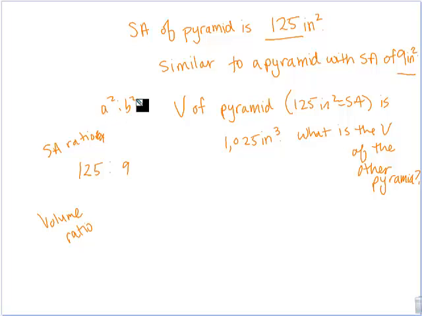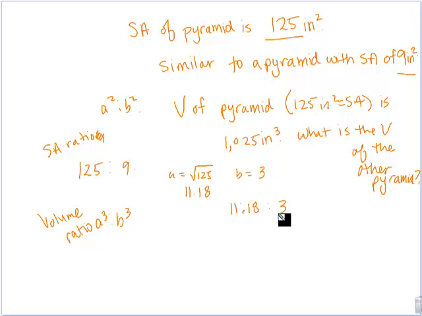So to find my volume ratio, which is a cubed to b cubed, at first I need to figure out what a and b are. If a squared is 125, a would be the square root of 125, which is about 11.18. If 9 is b squared, my b would be about 3. So my a to b ratio would be 11.18 to about 3.